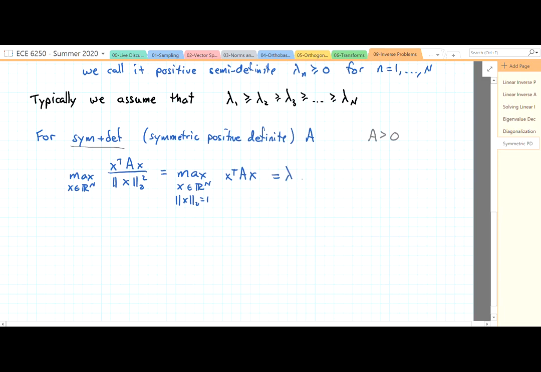That's going to be lambda 1, the largest eigenvalue.